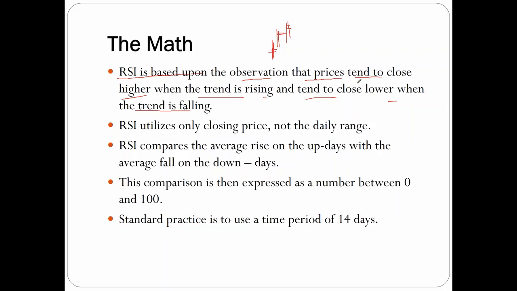And when the trends are lower, the price close should be towards the low of the day. So if on the first day the price close is 80, on the second day the price close is 85, it would compare this close with this close. So it is closing near the high.